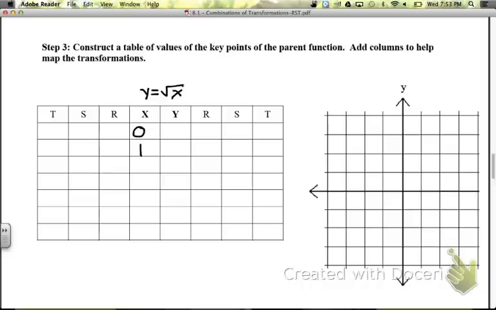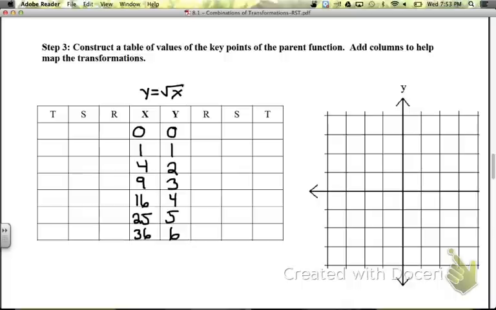We're also going to choose perfect squares, so 4, 9, 16, 25, and 36. These values are getting really high, but it's going to give us a good idea of what's happening with our transformed graph. So when you sub in 0 for x, you get 0 for y, and then 1, 2, 3, 4, 5, and 6.